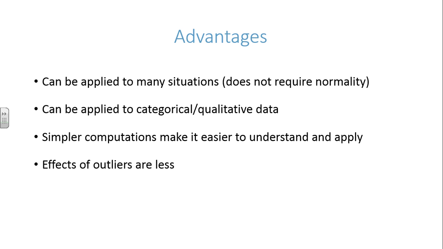And they can also be applied to categorical or qualitative data, where most of our parametric tests needed quantitative data. The computations are simpler, which makes them easier to understand and to apply, and the effects of outliers are less in these nonparametric tests.